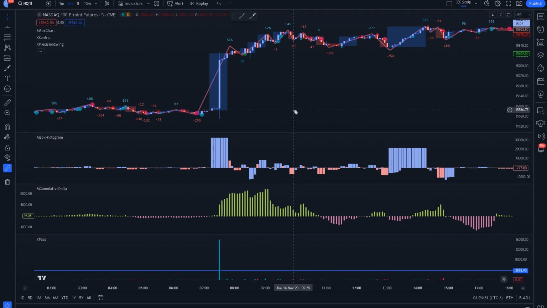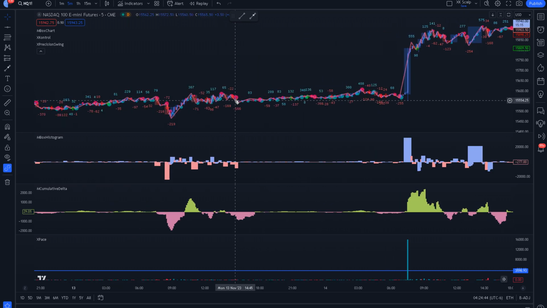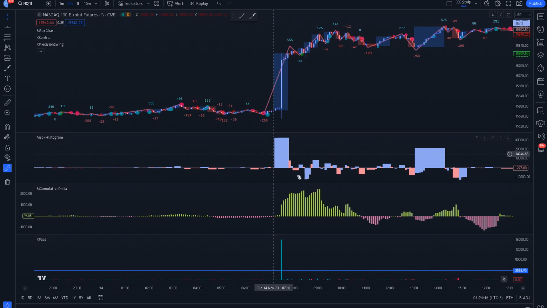All right, this one, November 14th. Huge bar too. Huge bar. In this case, we also didn't have much of a buildup, but after this happens, we know there's huge volatility. That's what it's telling us.